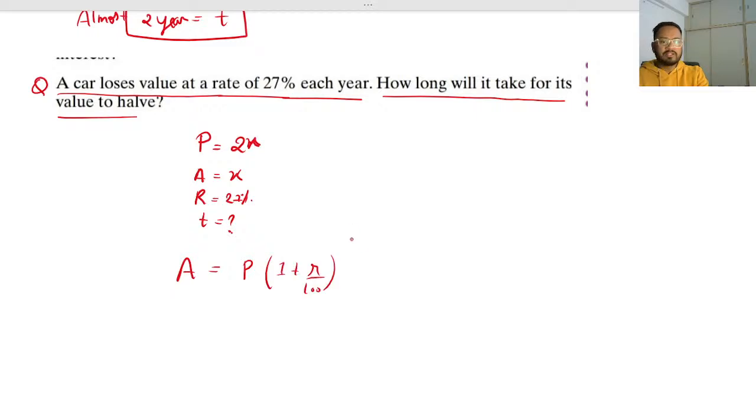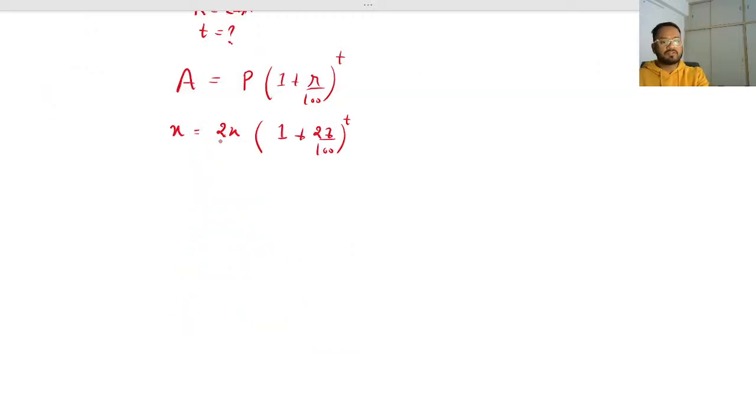Who can solve this? You already know the answer. So amount is x this time, principal is 2x because the value is becoming half, and then plus rate is 27 upon 100 to the power t. Now you will shift this to the denominator.